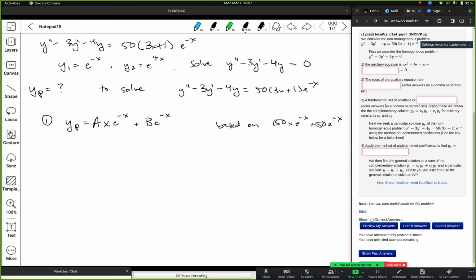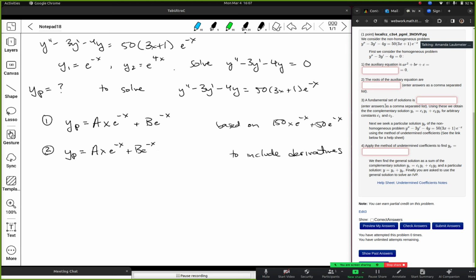Okay, and then next up, what we do is the derivative check. This is where I would take every function that's in y sub p right now and then include all of its derivatives as well. But the thing is that a x e to minus x and b e to minus x don't have any new derivatives for us.